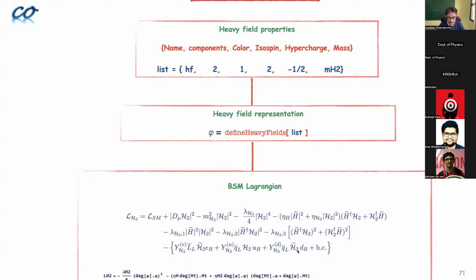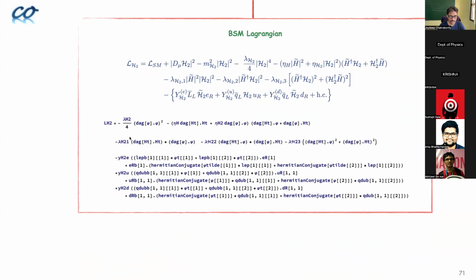You write it on pen and paper, then translate it into the input file in this particular format. A lot of examples are given, so from there you can learn how to enter the Lagrangian in this format.